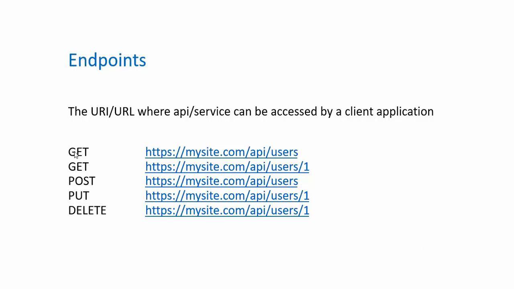So we have get, and then the URL or the URI where the API or service can be accessed. Anyway, we can always choose a different directory instead of using API. We always have the option to use different directories, for example, API access. It depends on your preference.